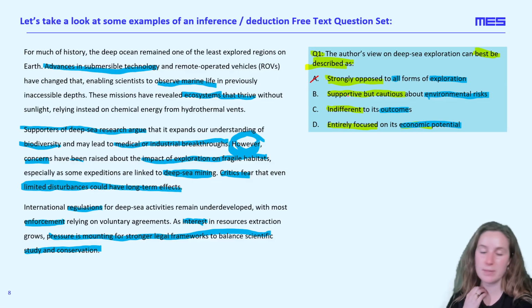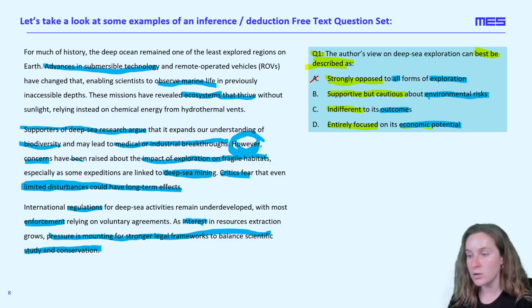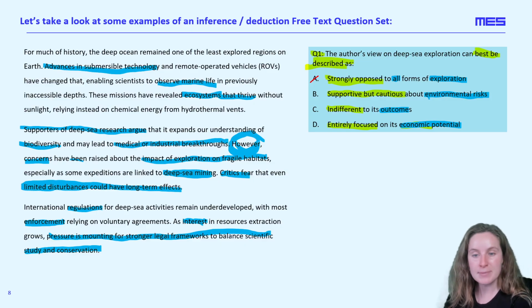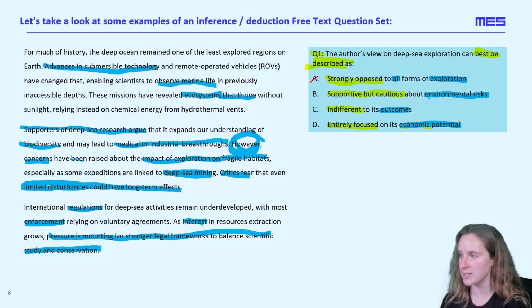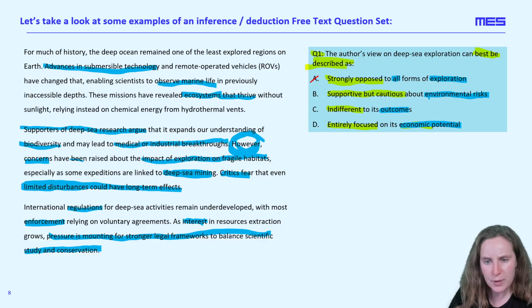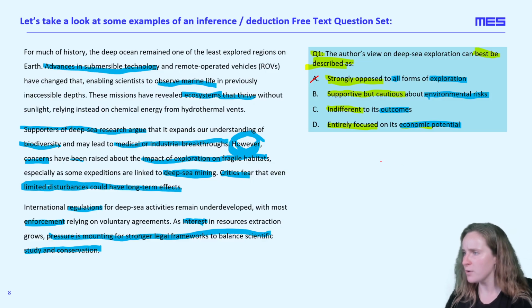Supportive but cautious about environmental risks. They've mentioned the environment quite a few times with ecosystems that thrive, fragile habitats, impact of exploration, deep sea mining, long-term effects, regulations and enforcements and conservation. That seems like there are quite a lot of environmental risks there. And supportive seems a little bit extra if we're thinking there's not a huge amount of passion for the subject, but then it's qualified.